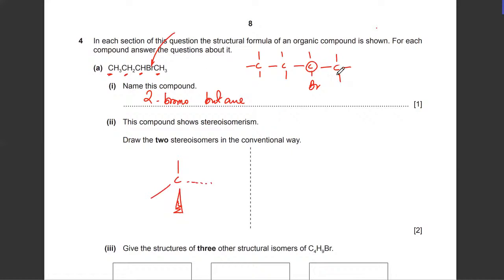On top there's an H. Br, let's say at the bottom, and then there is a CH3 on this side and a CH2CH3 on the other side.